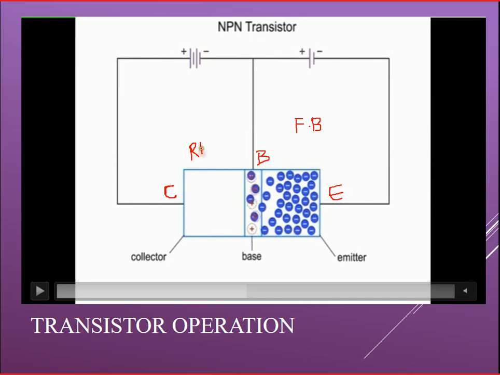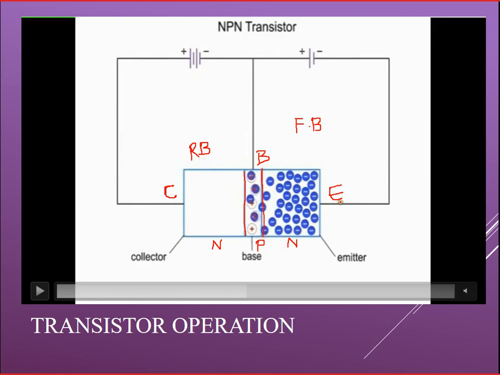So if it is a forward bias and this is an NPN transistor, I will draw. This is an N type, this is your P type and this is your N type. This is one junction and this is the other junction.